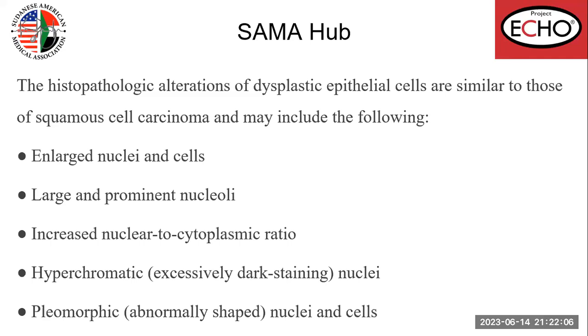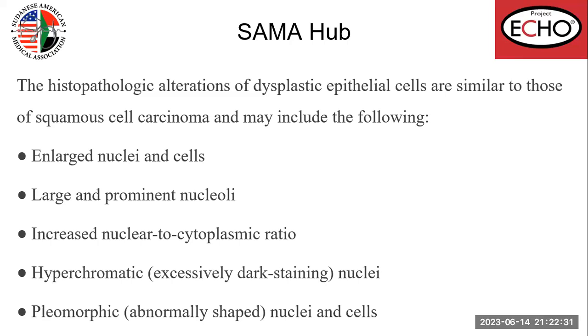These changes are similar between leukoplakia and squamous cell carcinoma. So the changes are not specific to cancer alone or to leukoplakia alone. They can be similar in the two cases, and hence we are always afraid that this might become oral squamous cell carcinoma eventually if we have it.